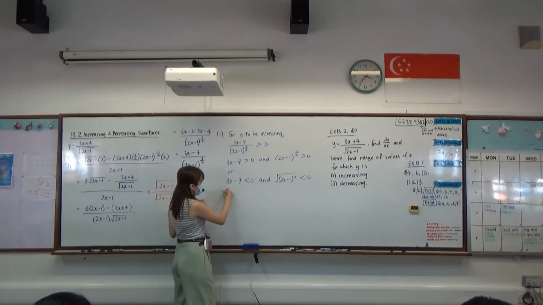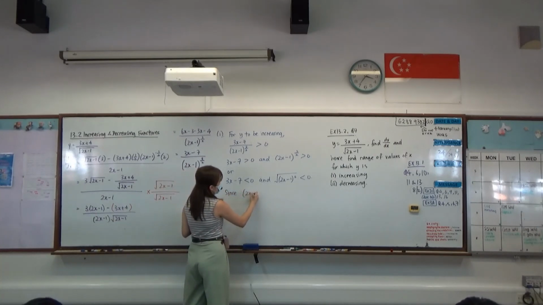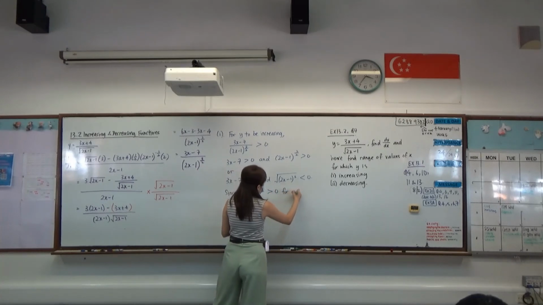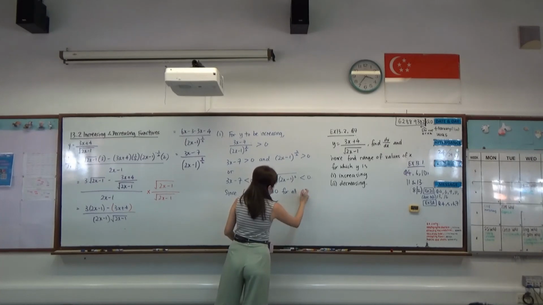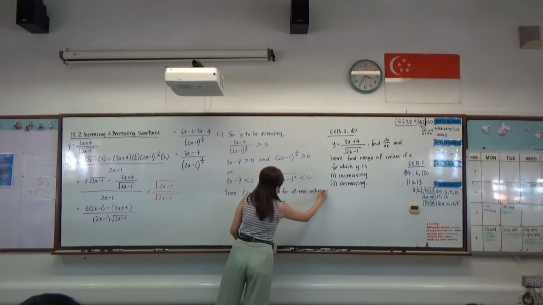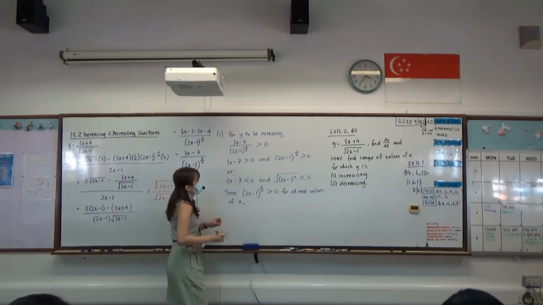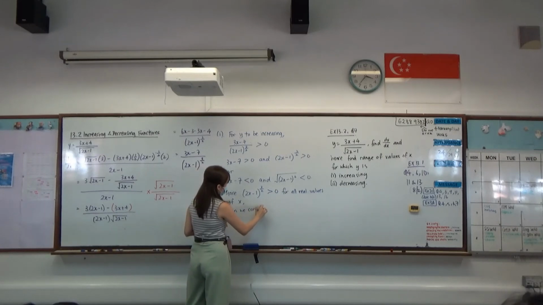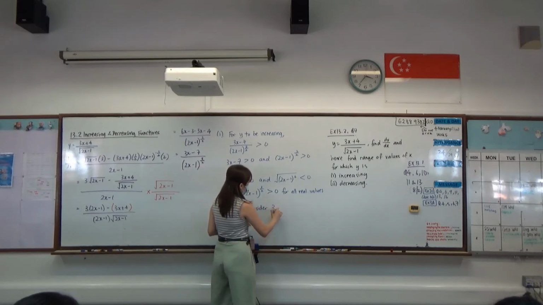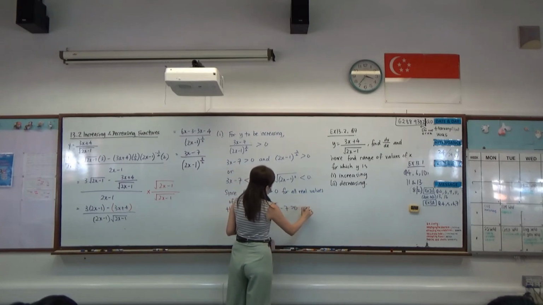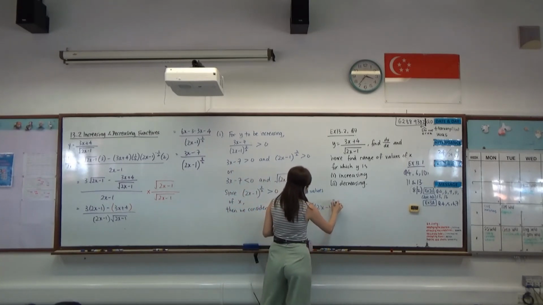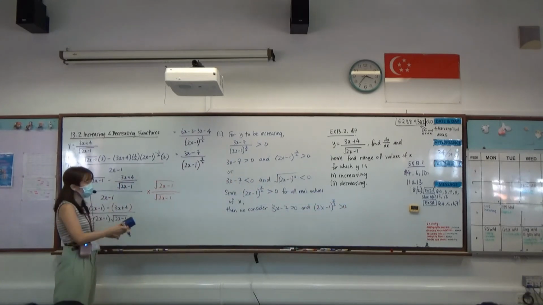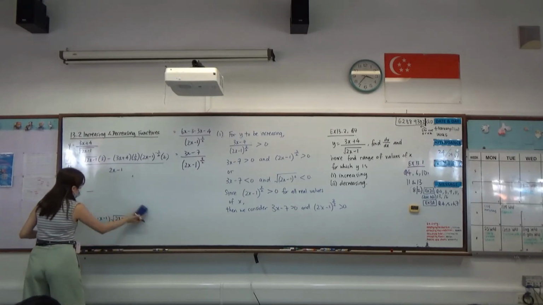Okay, so let's just write that down. Since (2x minus 1) to the power 3 over 2 is always more than 0 for all real values of x, then we consider 3x minus 7 more than 0 and this thing more than 0.